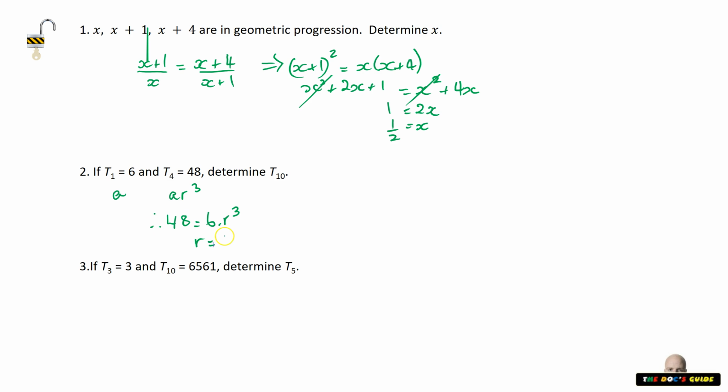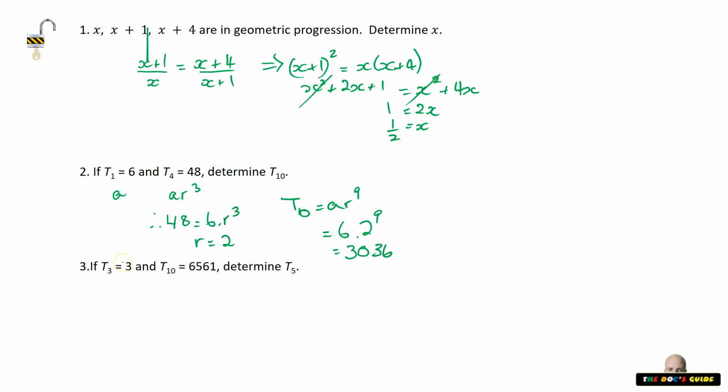So we get that r equals 2. Our 10th term is ar to the n minus 1, which is ar to the 9. That's 6 by 2 to the 9th, and 2 to the 9th is 512, so 6 times 512 will be, I think, 3036.